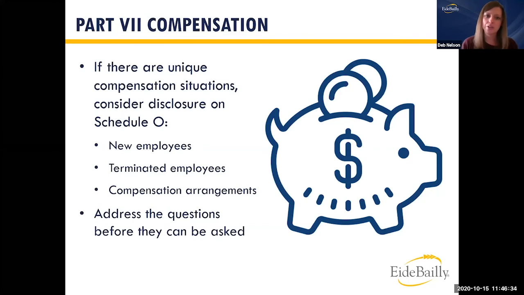We typically will put in a narrative to describe, or even put after their name, the date that they started, because they would not have received that W-2 that fell within the calendar year of your reporting period. So there can be some nuances related to that, that just some additional narrative can really help clarify to a reader.